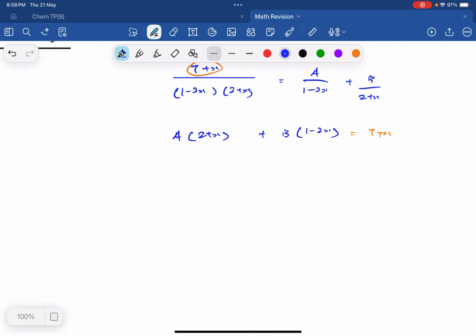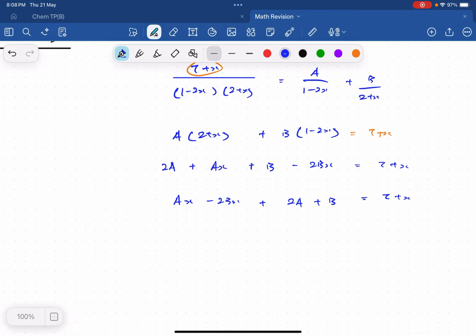If you expand this, you will get 2A plus Ax plus B minus 2Bx equals 7 plus x. Then you want to group all the terms with x together and then group all the terms that don't have x, and then you can do it by comparison.